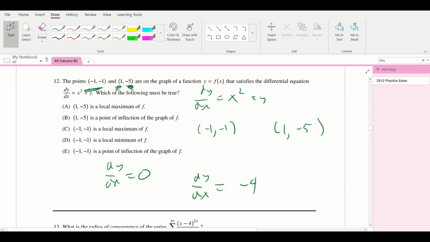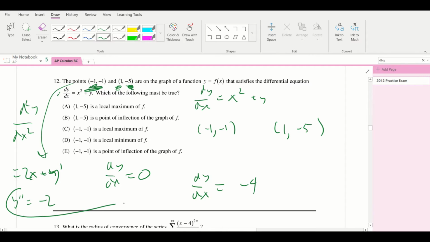And then if we differentiate this again, we have d squared y over dx squared. This is equal to 2x plus y prime. So if we plug this in, y prime prime at -1, -1 is just equal to, since y prime is equal to 0, y prime prime equals -2.